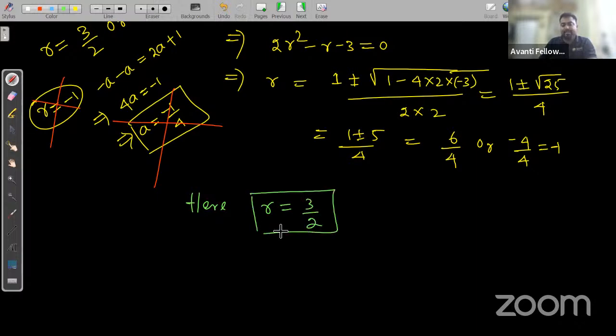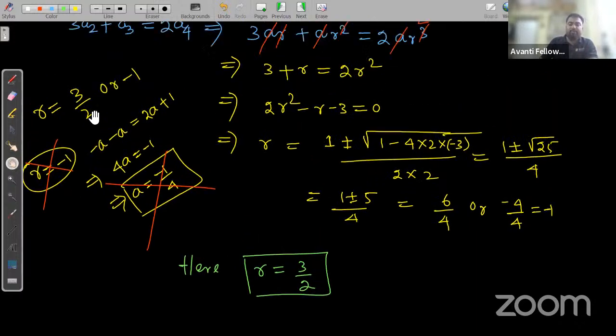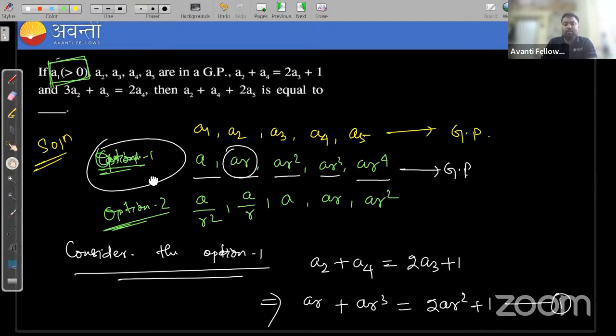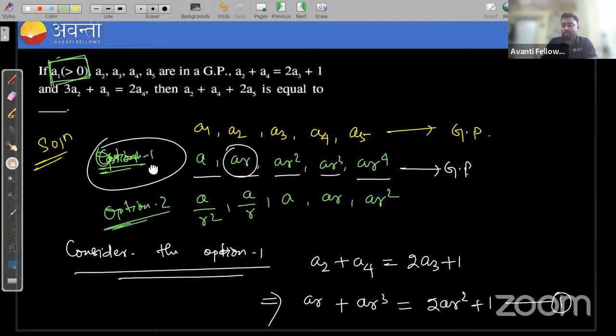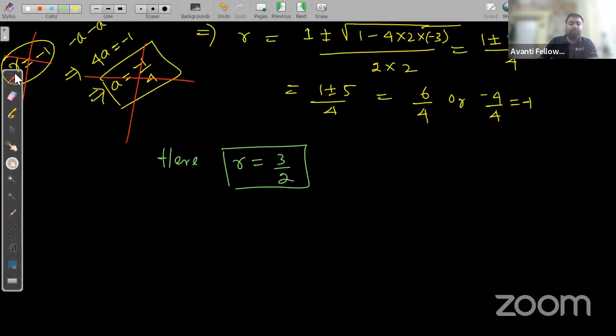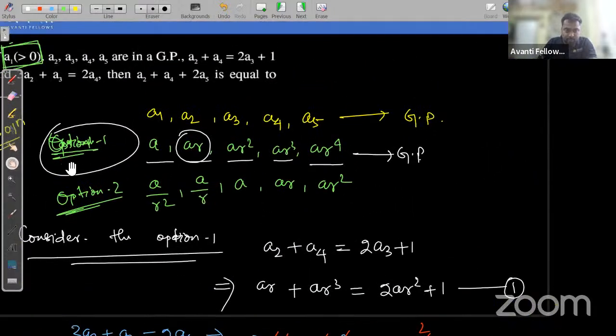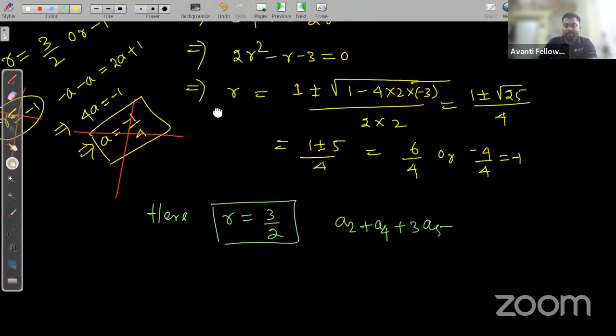So if R is equal to 3 upon 2, then what is asked in the question? The question asks to find A2 plus A4 plus 2A5. Is it or not? A2 plus A4 plus 2A5.